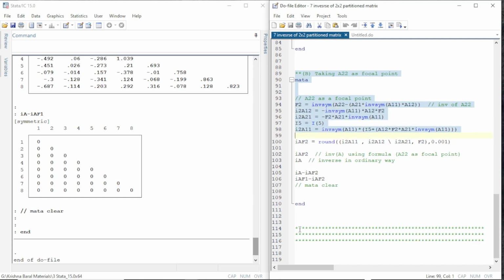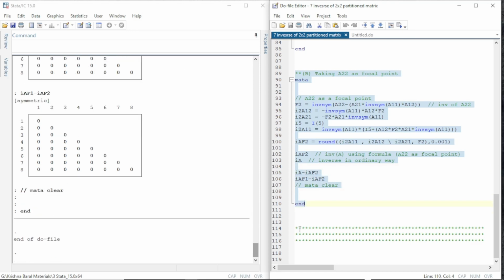And we place the respective components in the matrix named IAF2, I for inverse of A using F2 as the focal point, and then we display the inverse of matrix A making F2 the focal point as well as the inverse of A, and we compare the differences of the inverses we have calculated making use of different methods, and we get the same result.